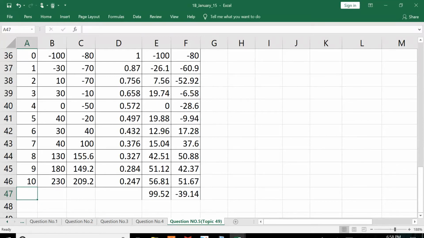After calculating NPV, we'll decide on area A and then go ahead. Let me know if there are doubts here.